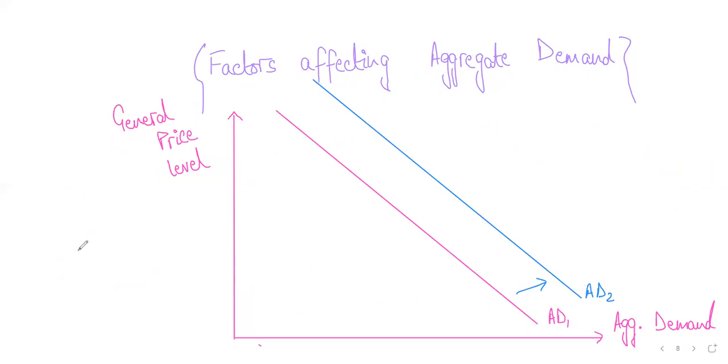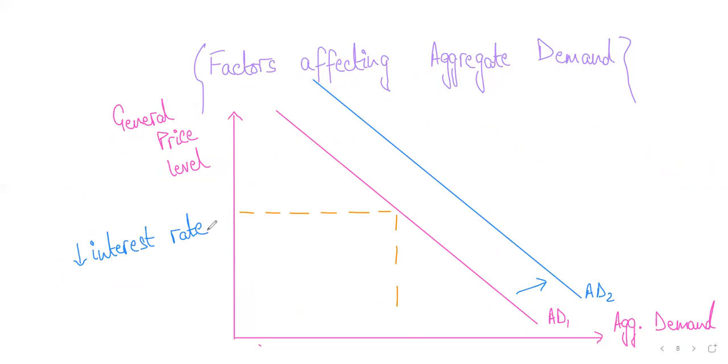Now, in this case, when interest rates are decreasing, there is more consumption because borrowing is cheaper, and more investment because borrowing is cheaper. So your aggregate demand will increase, which means that at every price level, the demand will now be higher.